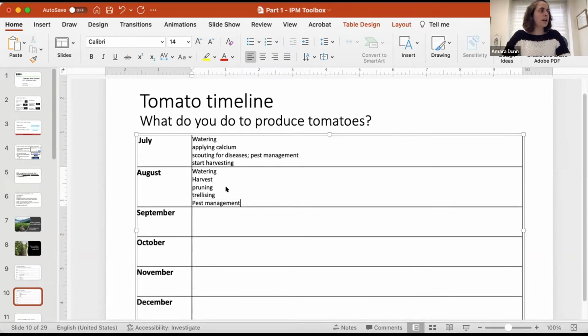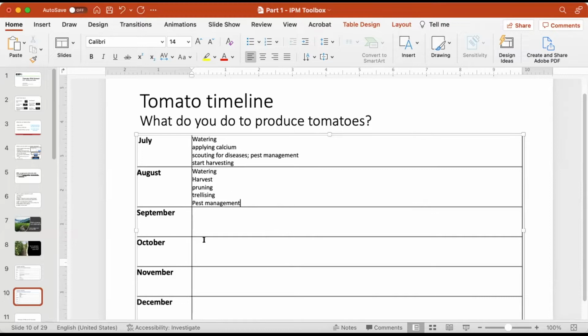Does anyone want to share something that they're doing at the end of the season when harvest is done? Anything going on there? Since I'm growing plants in a hoop house, it's a passive system. It's important after the plants are killed by frost that you clean out all the residue, because if you don't do it, you're setting yourself up for foliar problems the next season.